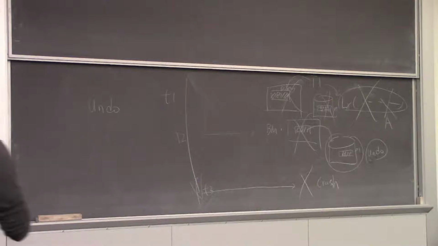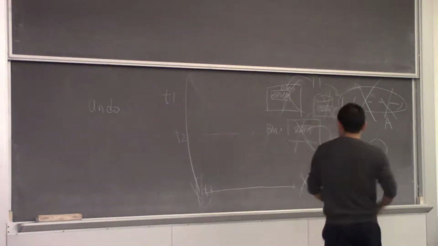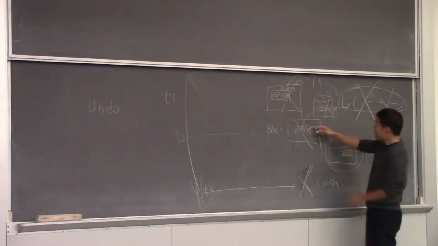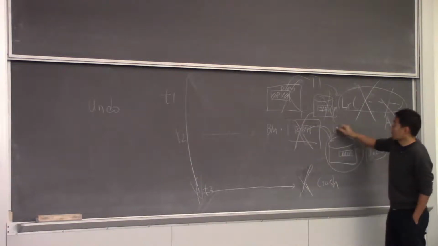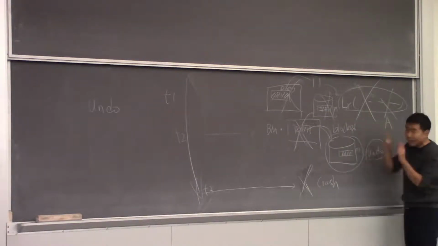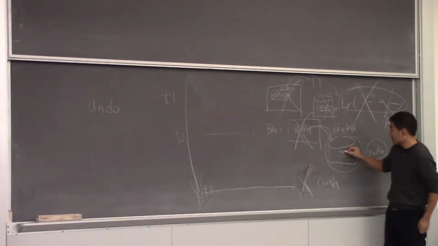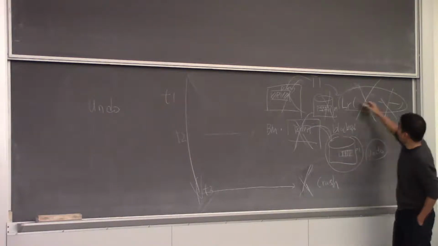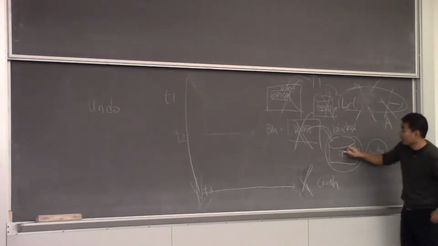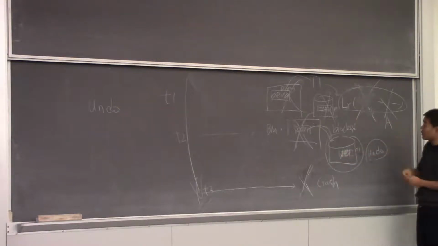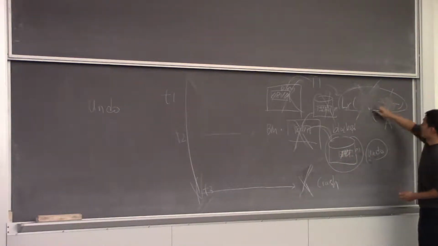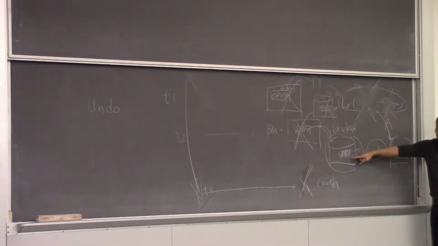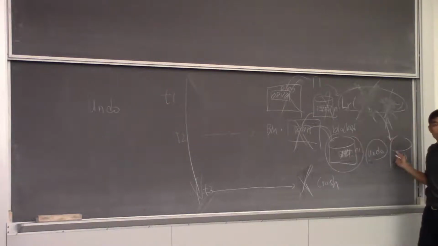However, if we use this policy, what happens? Well, crash still happens here. When the buffer tries to do this, it will be blocked. So that P1 will still be like this. And you can only do this when, in other words, if this becomes this, I know one thing for sure, which is this Lx must be on disk already.